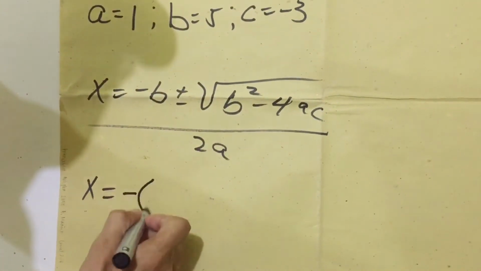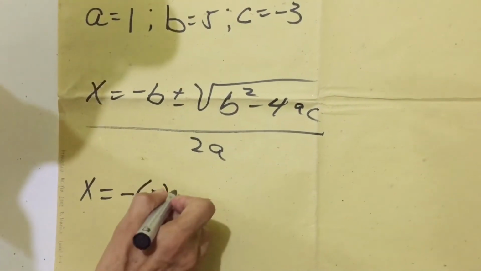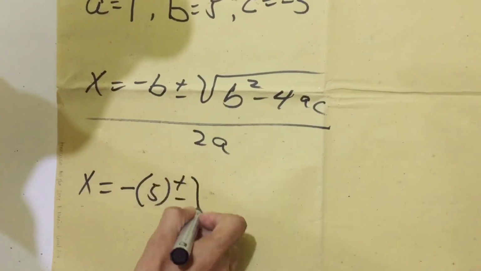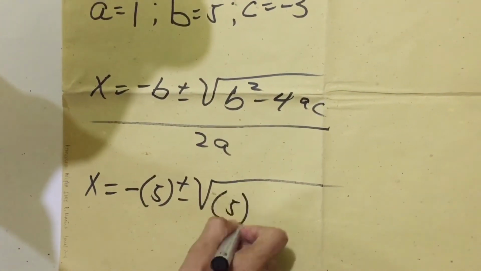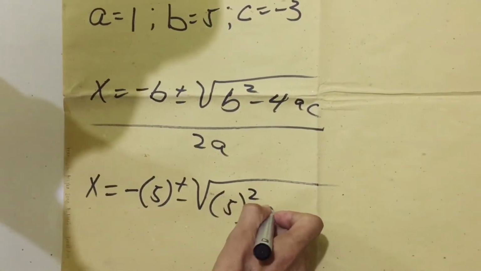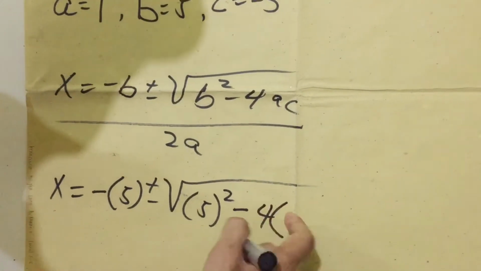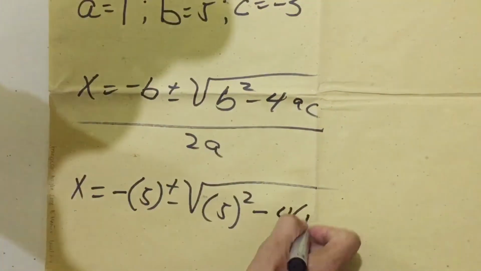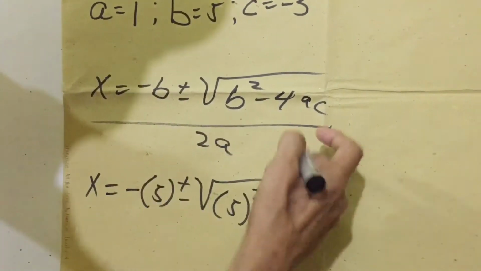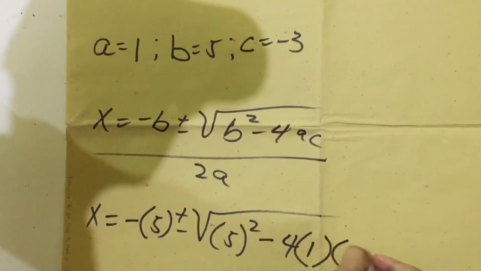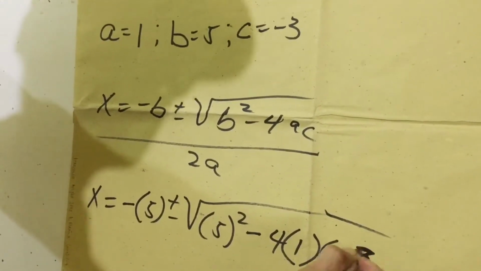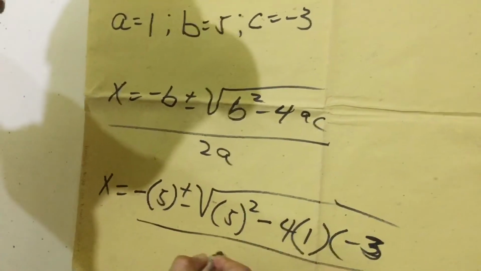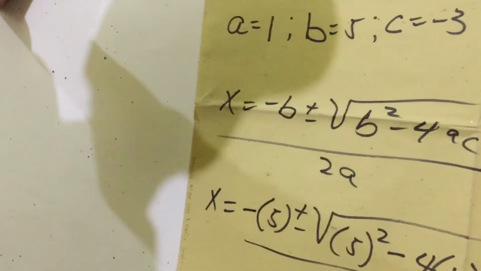We have negative, then parenthesis, then positive negative square root. B, the value of b is 5, squared minus 4, and the value of a is 1, and the value of c is negative 3. Then over 2, the value of a is 1.